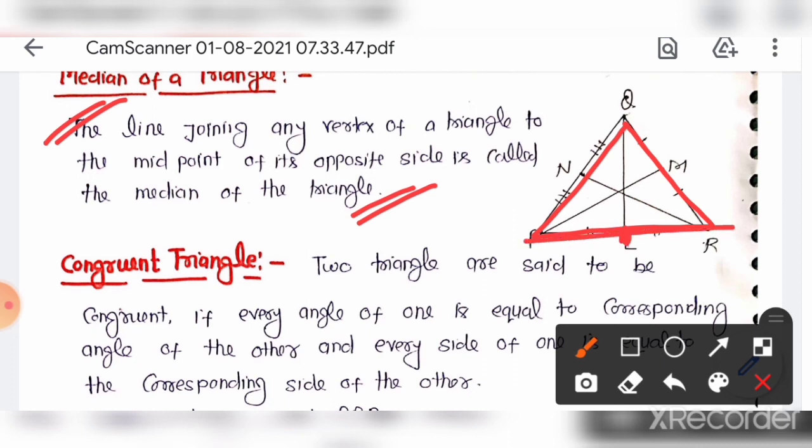So L is joined to point Q, the opposite vertex. L is the midpoint of PR, and L joined to the opposite vertex Q gives QL, which is the median of the triangle. Okay, it is important for a triangle.